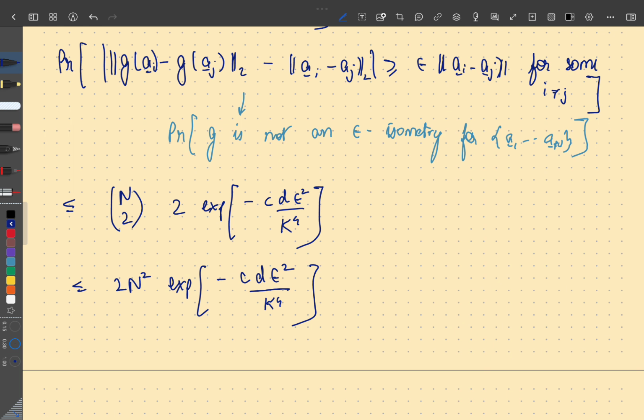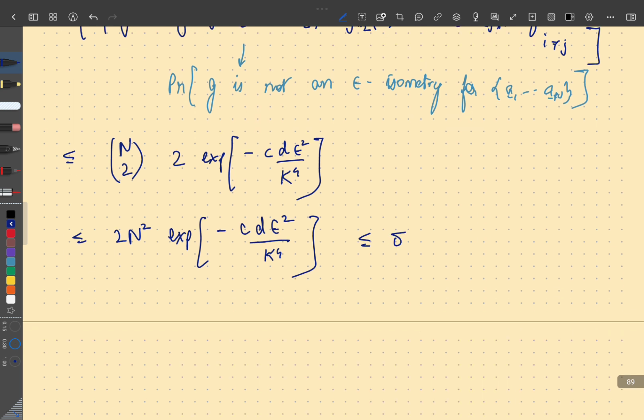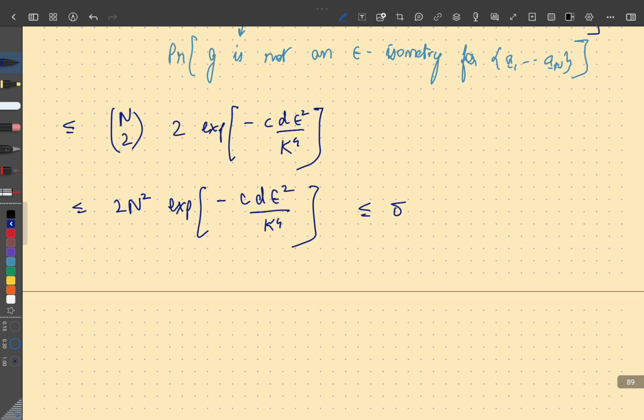So if I want that G must be an epsilon isometry for A1 through AN with probability at least 1 minus delta, then what I want is that this quantity should be at most delta. Right? So what is the smallest d that is required in order to achieve this?